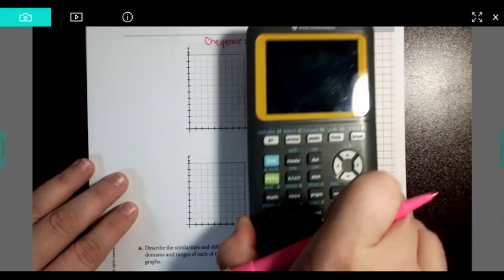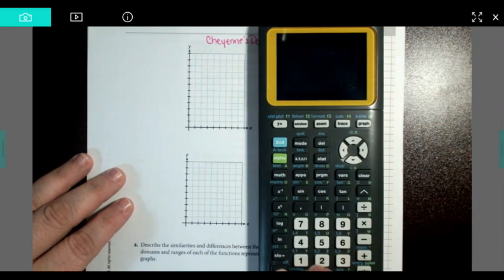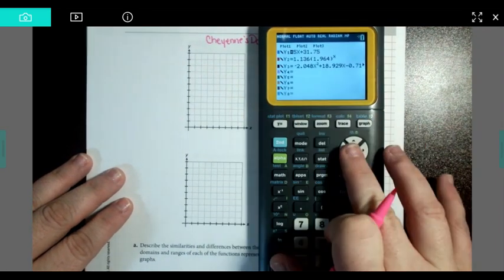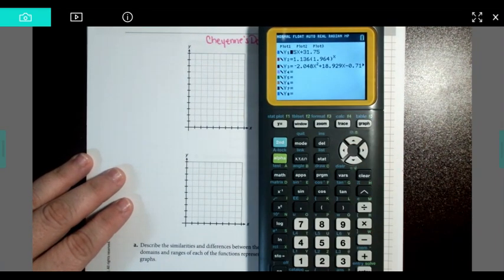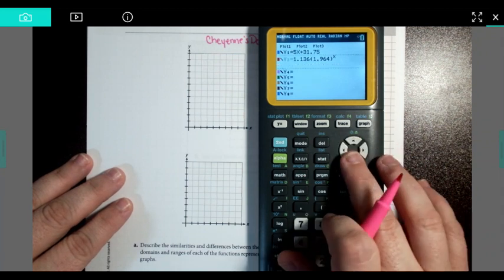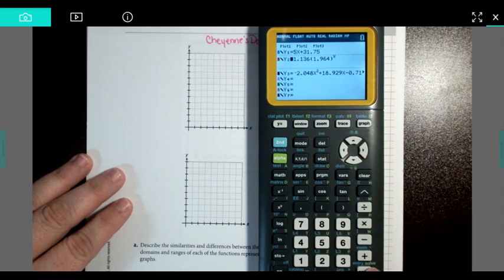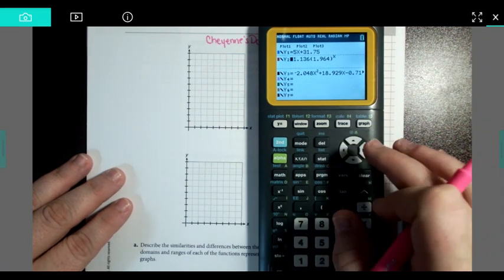Now we expect this one to be exponential. So we're going to go over here to y equals, and I'm going to turn off y1 and turn on y2 because that's Cheyenne's data.